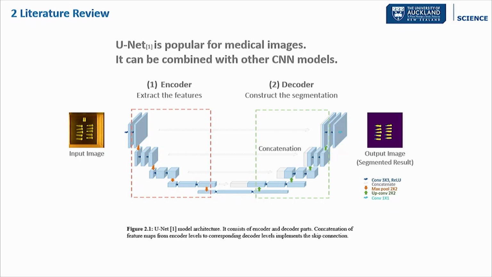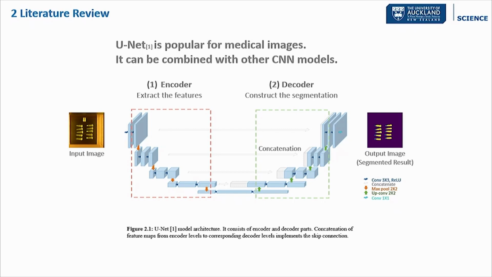How it makes it come true is that it has two parts, the encoder part and the decoder part. What the encoder part does is it learns and extracts features, and the following decoder part constructs the designed segmentation output from the features it learns.